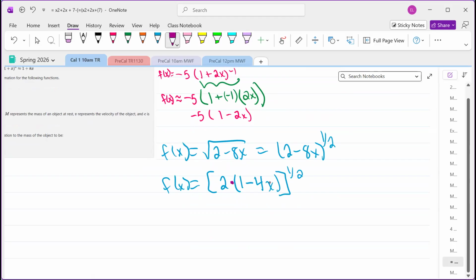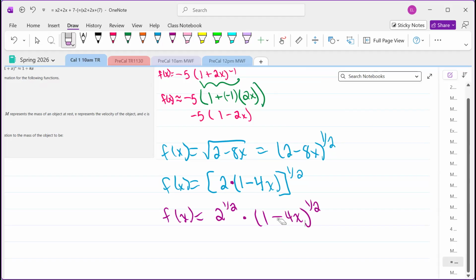Now 2 times a thing, all of that being square rooted, I can split the square root across multiplication. So my function can be written as 2 to the 1/2 times 1 minus 4x to the 1/2.